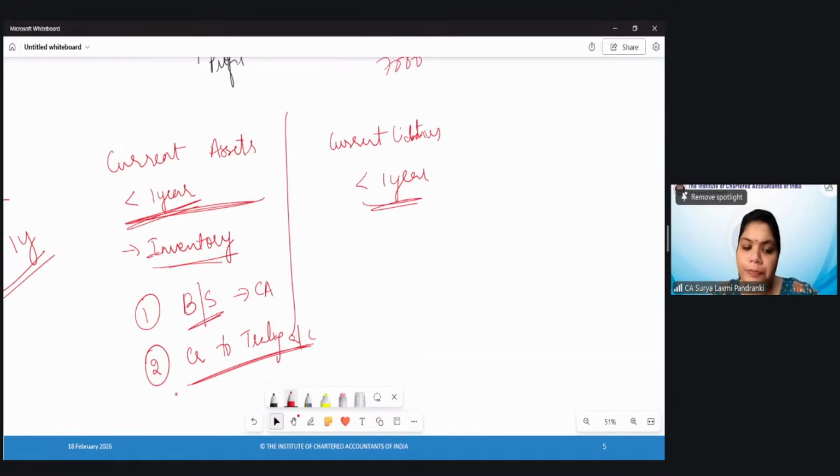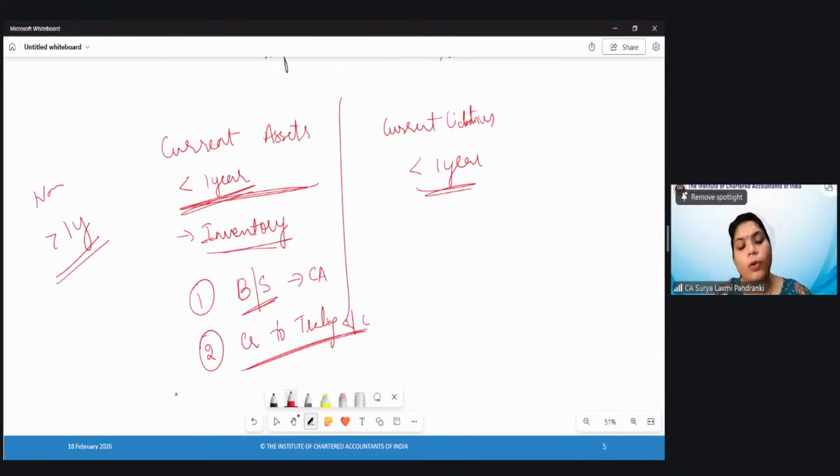Like I told you, inventory is assumed to be sold within 1 year, because you don't keep inventories for a longer period. Nobody wants to keep it for a longer period, because once inventory is stored for a longer period, it becomes obsolete. Technology can change or anything can change. People are not ready to buy older stock, so we try to sell the stock as soon as possible rather than keeping it for a longer period.